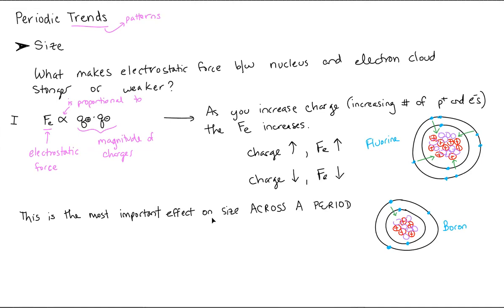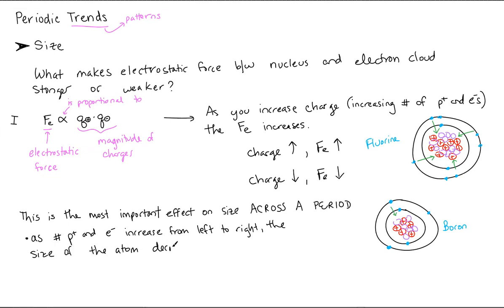So let's see if I can write that for us. This is the most important effect on size across a period. Let me go back to the color black. As your number of protons and electrons increase from left to right, which we know they do, the size of the atom decreases from left to right.